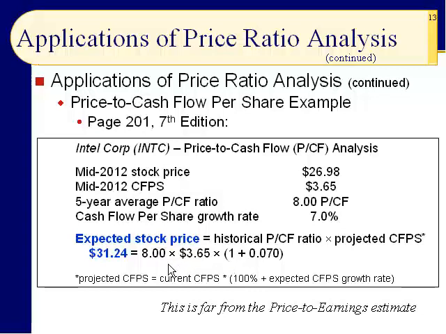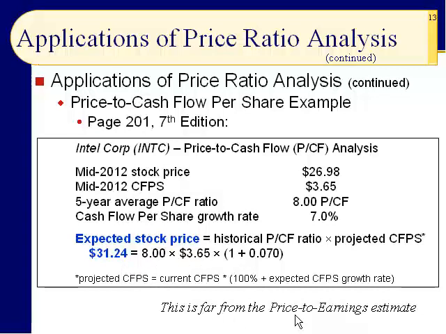We take the 5-year average of 8.00 times the current cash flow per share of $3.65, and then we multiply that times 1 plus the 7%, 1.07. Make sure you do that calculation first. That's why it's in parentheses.